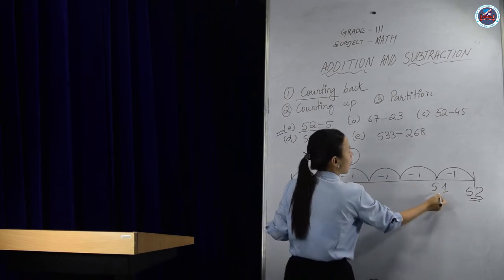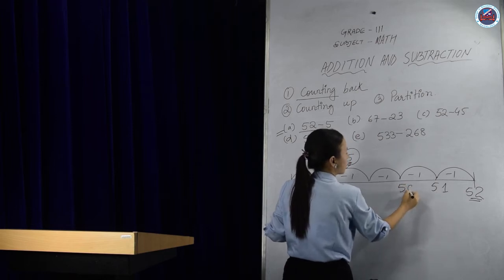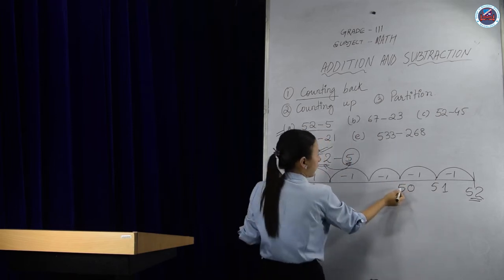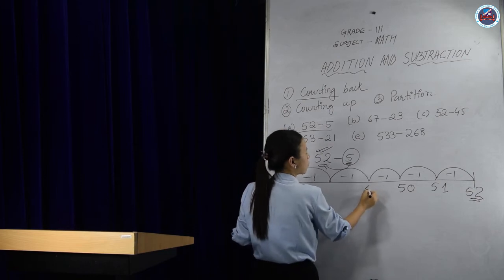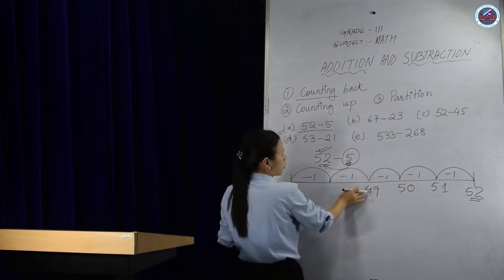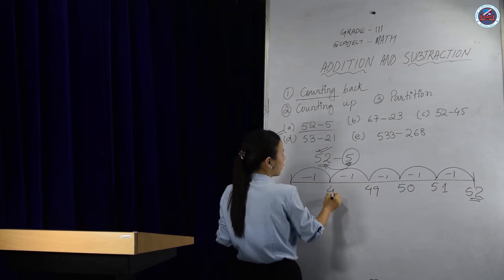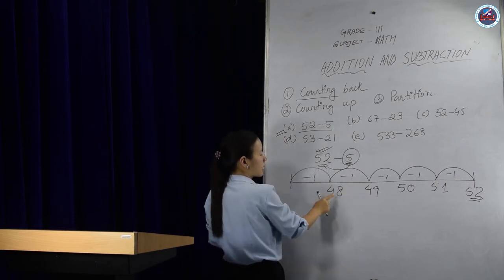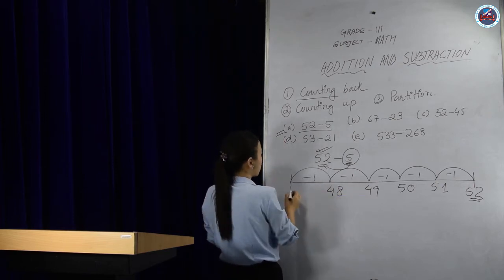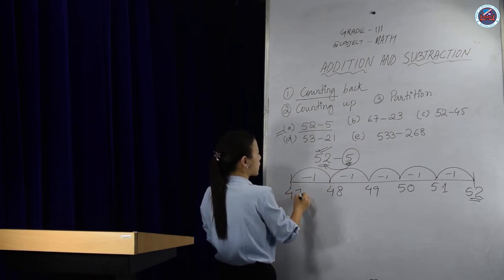Another minus 1, you get 50. And then another minus 1, you get 49. So take away 1 from this 49, you get 48. And then take another 1 from this 48, you get 47.